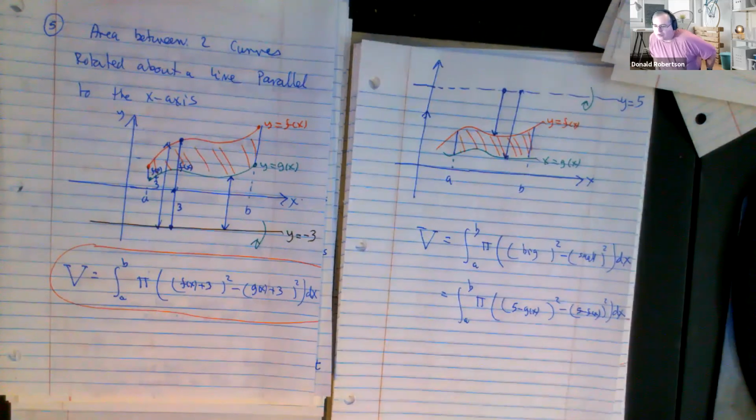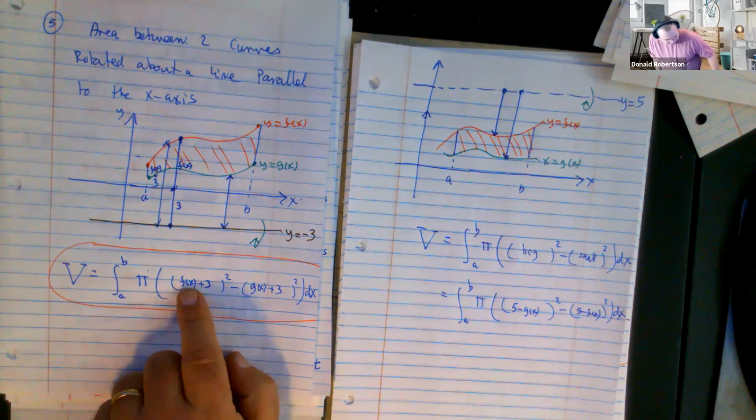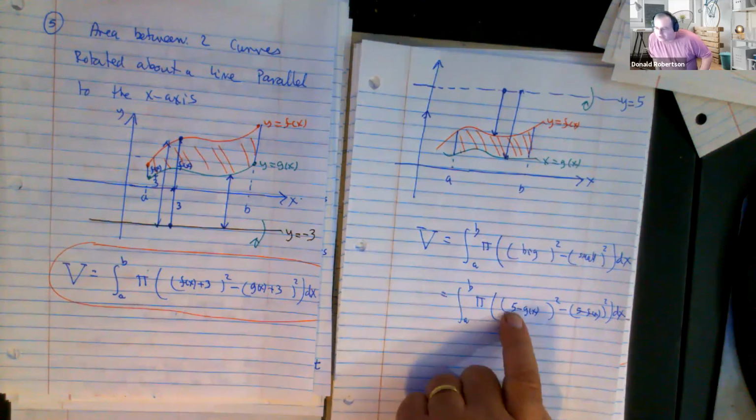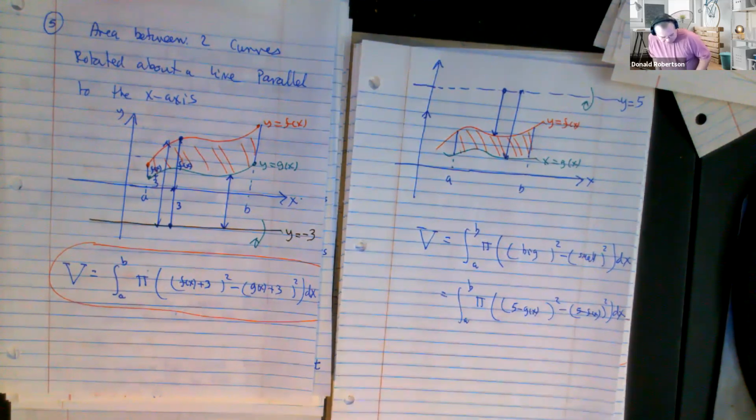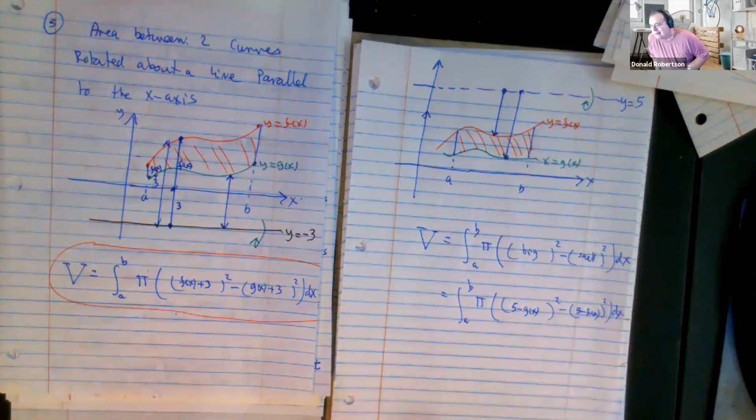You can call anybody you like f and g, it doesn't matter, but that's what we've got here. Do you see that it is going to be not the function add a number, but the number take away the function? Now, if you switch these round by accident, won't you just get the right answer but negative? So it's not a horrendous mistake if you realize you should have done this one first, not that one first.